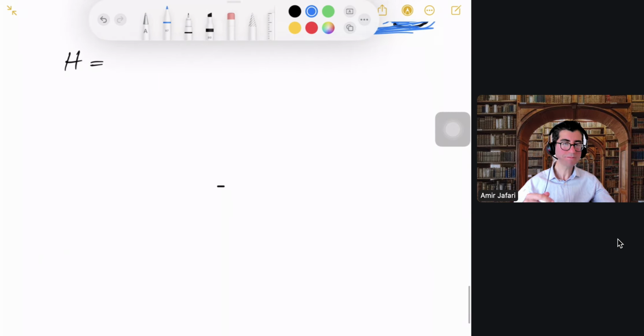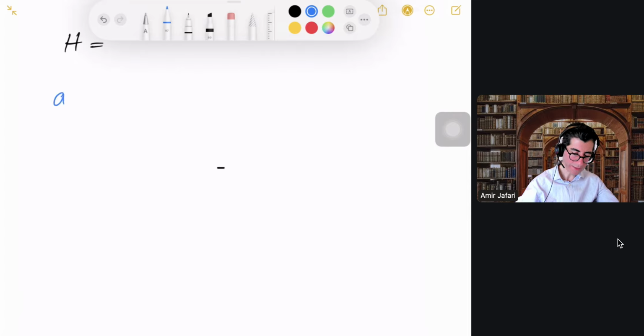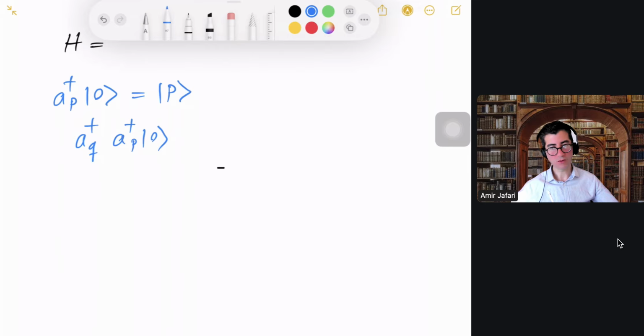So one more technical detail here. If you remember, we talked about, I'm trying to find my notation previously. I guess I used something like this: a dagger p operating on the vacuum state, 0, would give you something like this in my notation. Now, if you act one more time with another creation operator with momentum q, you can write the result as some particle, like you have p here, then you create another q.